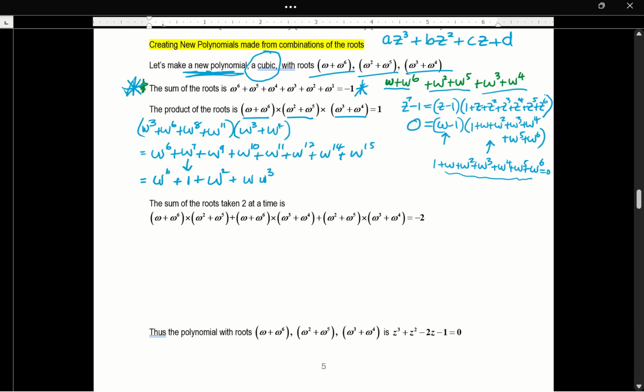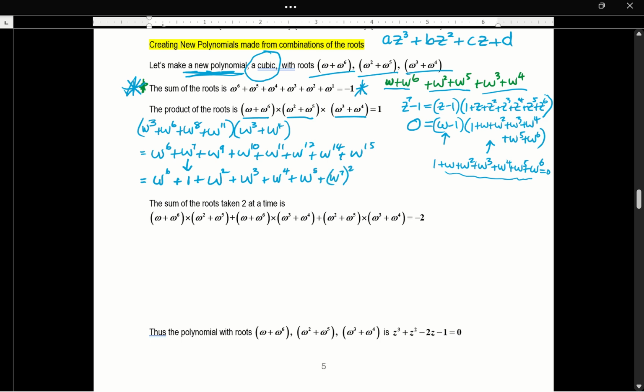So instead of writing w^10, I can just write w^3. And for w^11, it's w^7, which is 1, times w^4. And for w^12, it's w^7 times w^5. So it's just w^5.